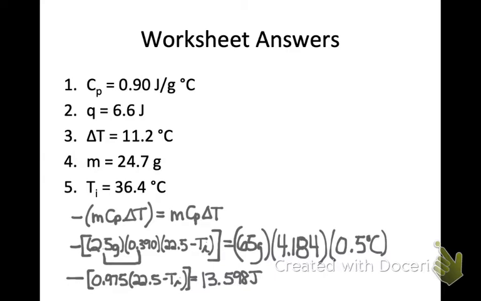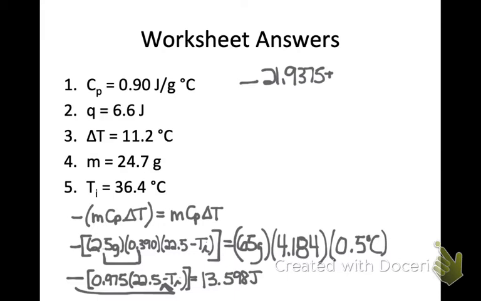I'm going to move up to the top of the page to finish this problem, so bear with me, I apologize. Now I'm going to take the quantity 0.975 and multiply it through what's in parentheses. So I end up with negative 21.9375 plus, and that plus comes from this negative sign and that negative sign.